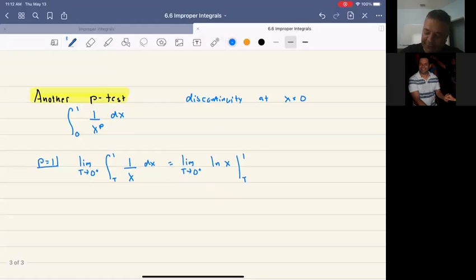Okay, so that is the limit, t goes from 0 to the right, and we're going to have natural log of 1 minus natural log of t. Now, natural log of t, as t goes to 0 from the right, that's going to go to negative infinity. So this is going to be infinity. And again, we say this is divergent. This is a divergent integral.